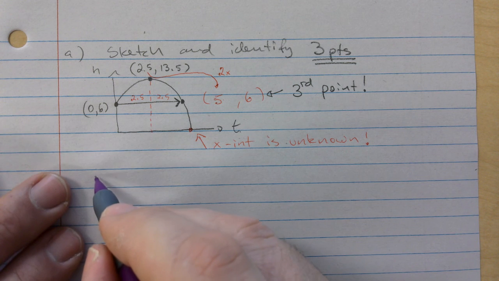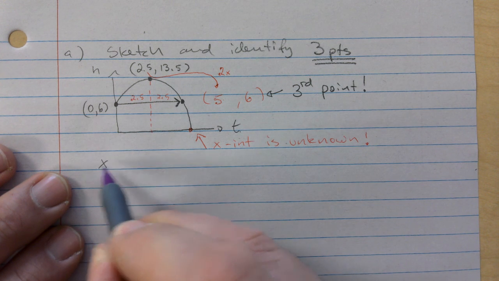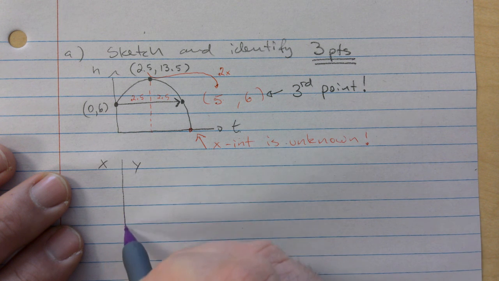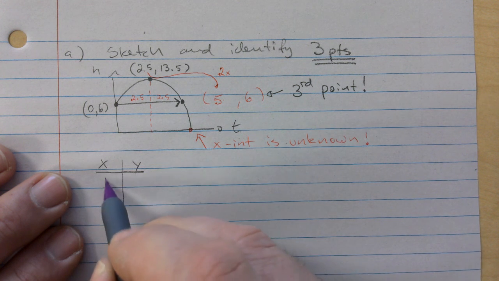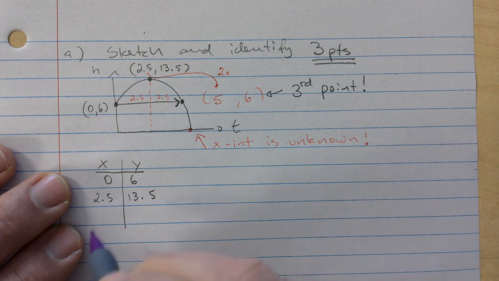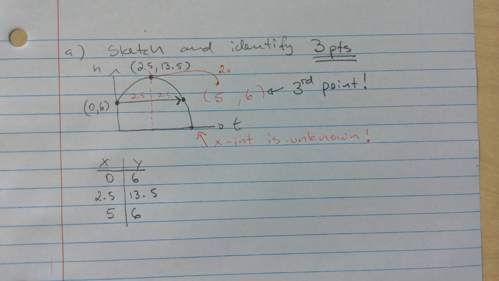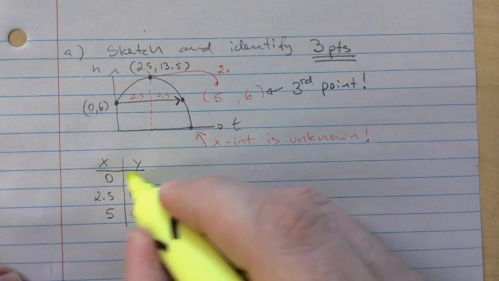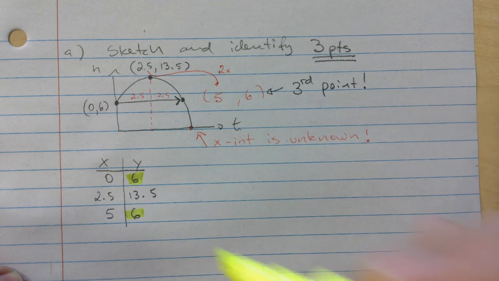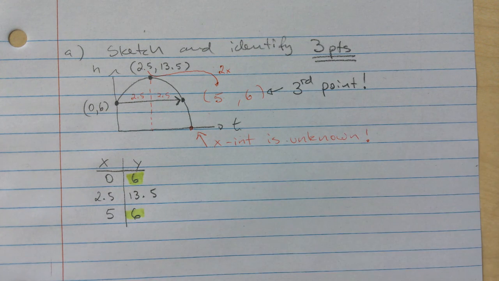So let's come up with the equation. This is what I would suggest: you have your x and your y column. Put the points in there, 0, 6, 2.5, 13.5, and 5, 6. And if you don't see that you end up at the same height, you know you made a mistake.